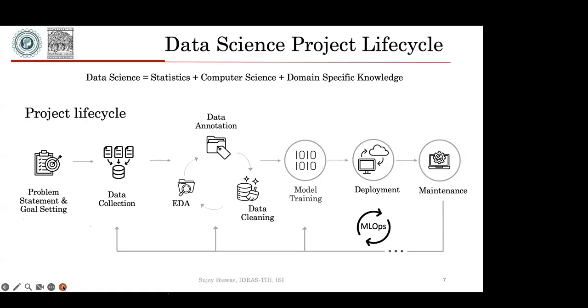Unless you capture this domain specific knowledge in your modeling part, your data science journey is not going to be complete. So capturing this domain specific knowledge with statistical modeling is important, and computer science provides the tools and technologies in the form of algorithms to solve various optimization problems that arise out of this statistical modeling.